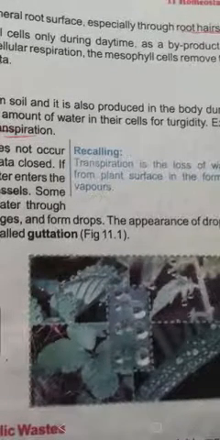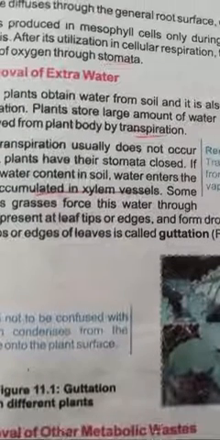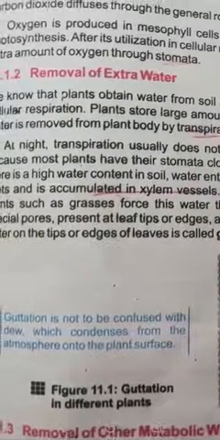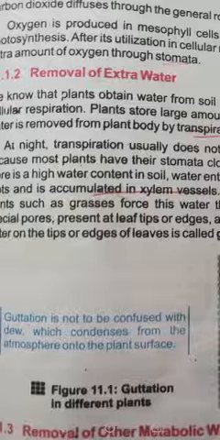This diagram shows the guttation process. It is the removal of extra water from grasses through the pores in the edges of leaves. You should not confuse this process with dew formation. There is a difference between dew formation and guttation. Dew is basically formed from the condensation of water from the atmosphere.